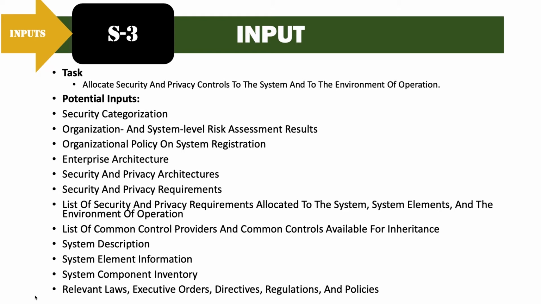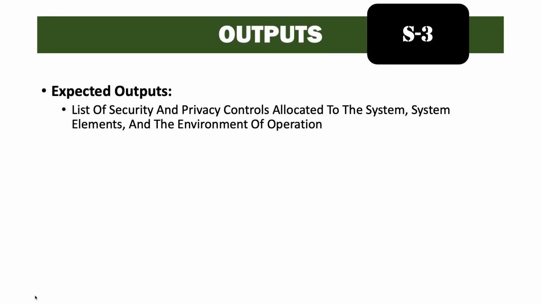In this task, we're going to take each of the required controls and we're going to allocate them to a specific part of the system or maybe to the system as a whole. Expected outputs from this task are a list of security and privacy controls allocated to the system elements and the environment of operation.